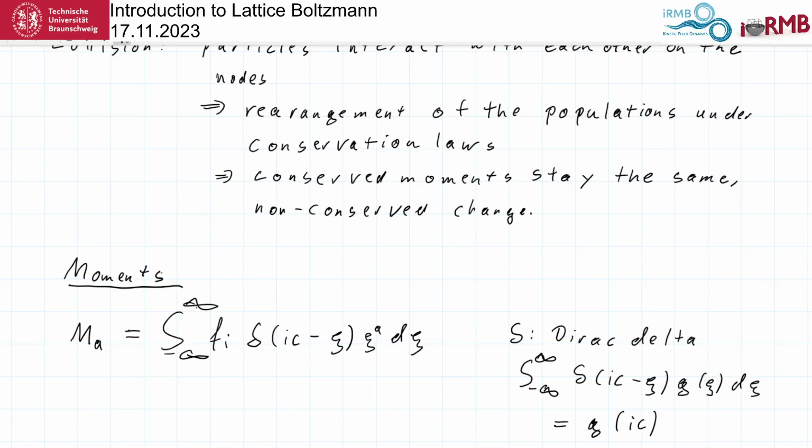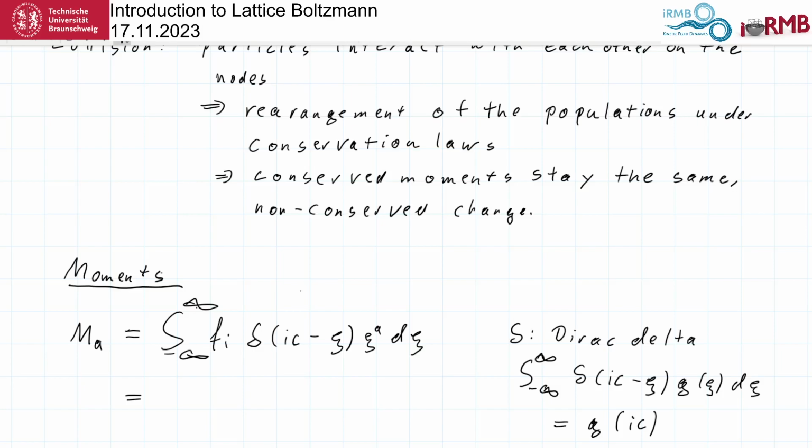Now we have the delta function under the integral. We would have here the Einstein summation, so for all different i's we do this.